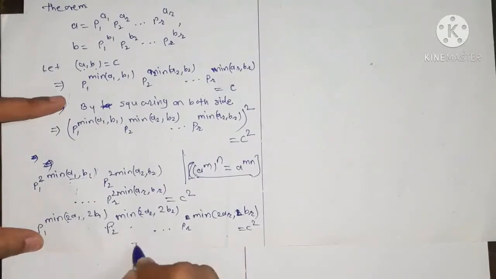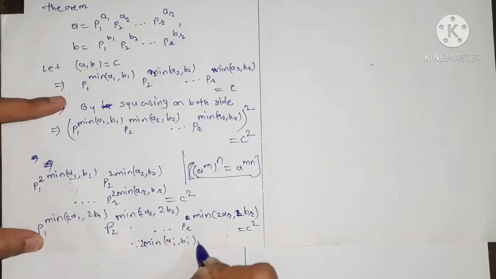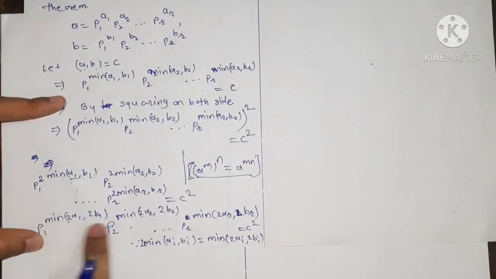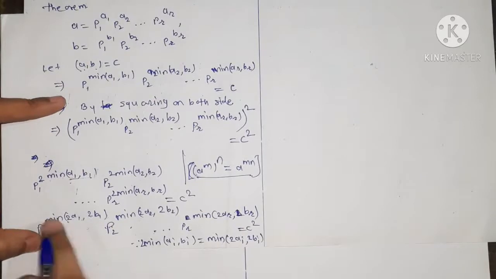And this is since twice the minimum of ai comma bi is equal to the minimum of 2ai comma 2bi. That is, we take this 2 inside the minimum of the numbers.